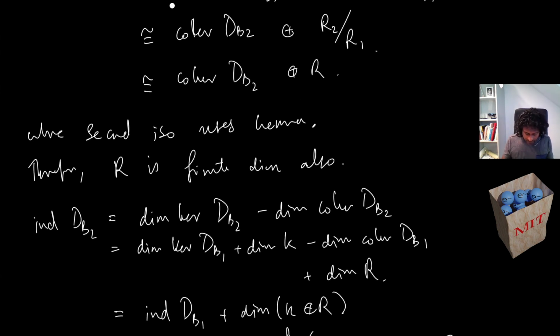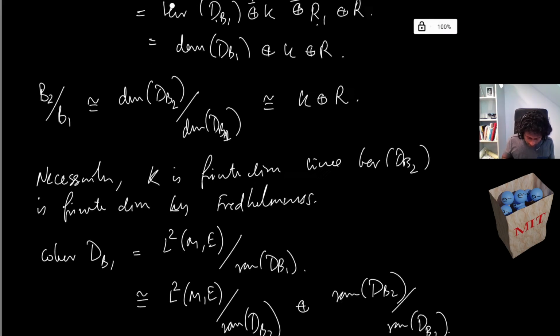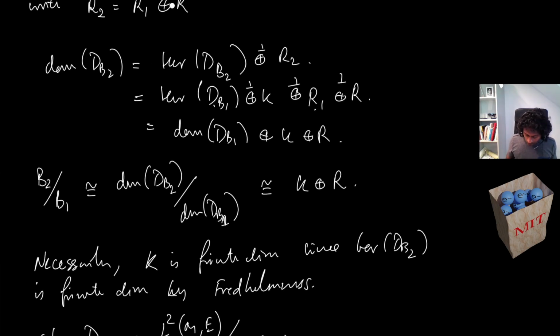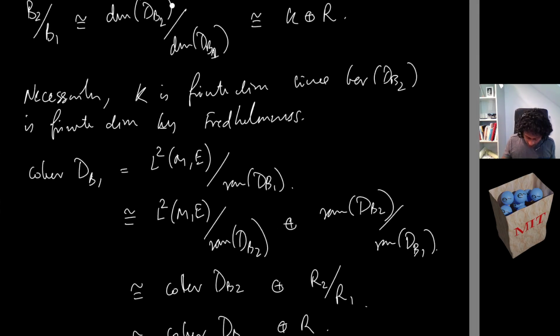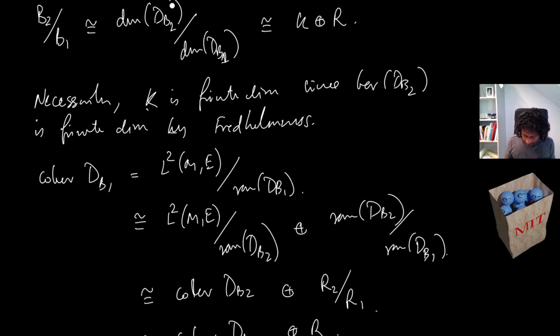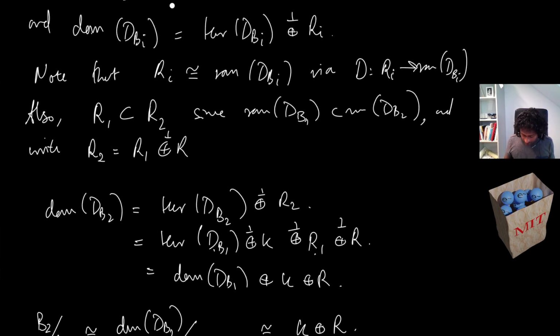We get this out of the wash, right? Because what is B2 mod out B1? It's K plus R. The first term, K, is necessarily finite dimensional because the kernel of dB2 and the kernel of dB1 are finite dimensional from the Fredholmness of the boundary conditions.